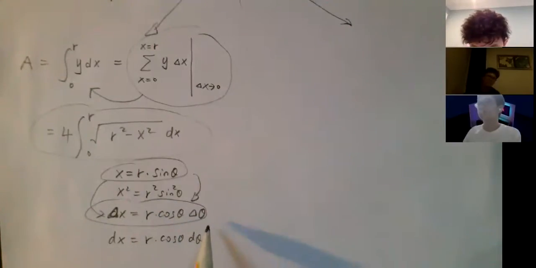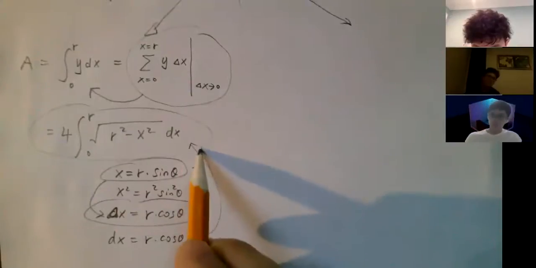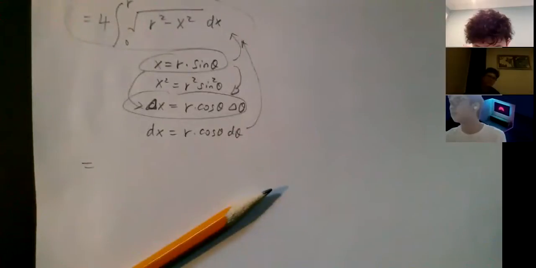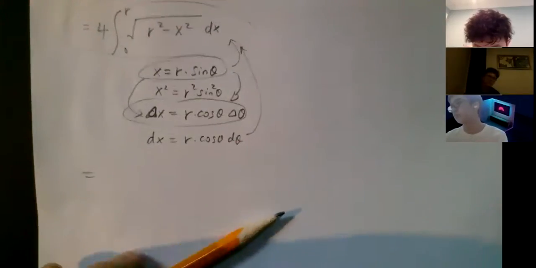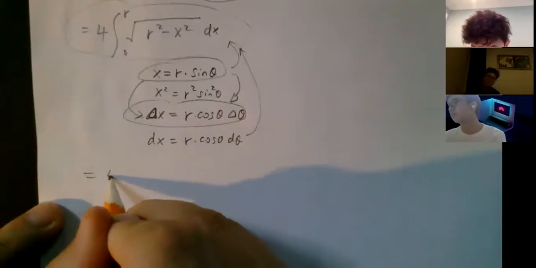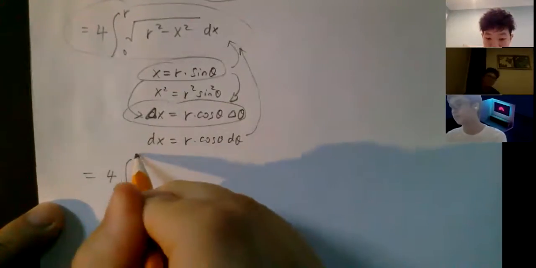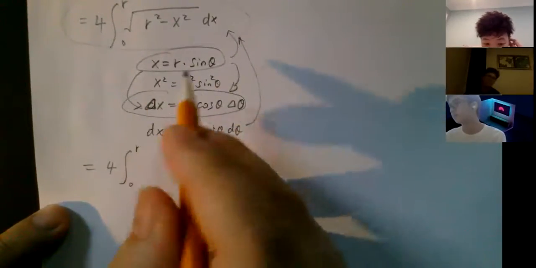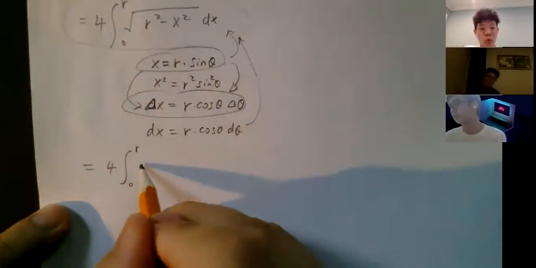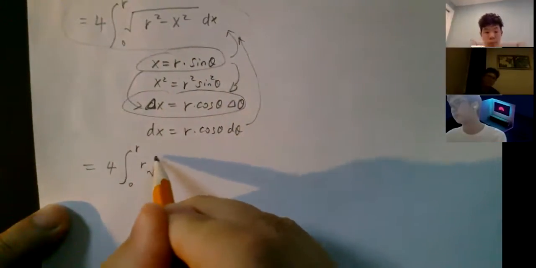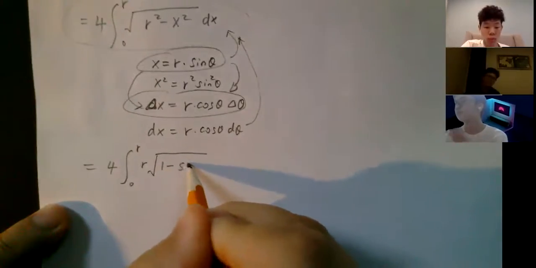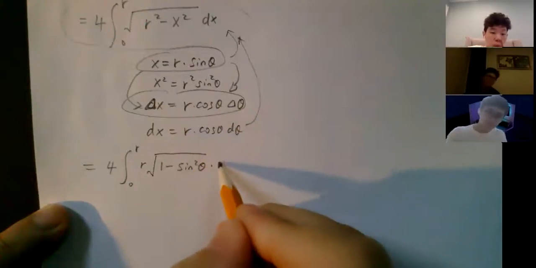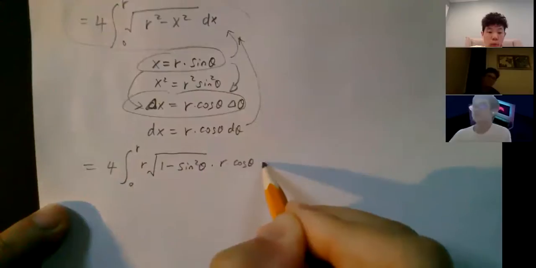So if you put everything back to here, that becomes 4 times the integral from 0 to r. You can take r squared out, take r, and inside is 1 minus sine squared, and the dx meaning r times cosine theta d theta.